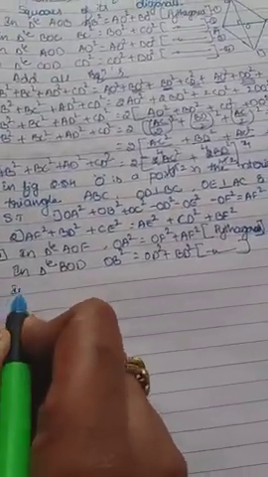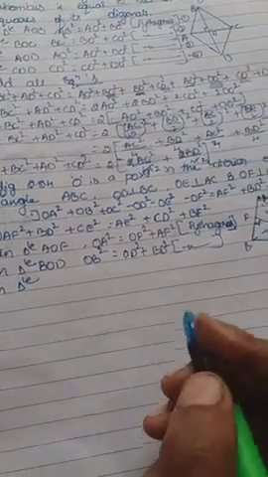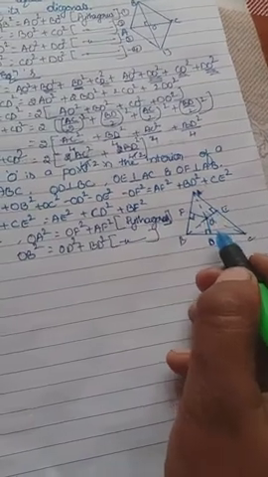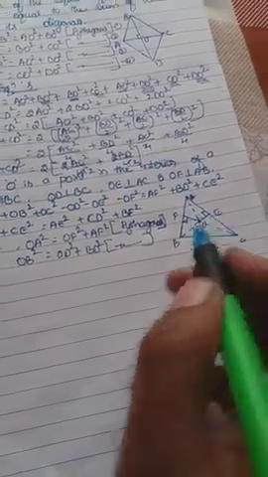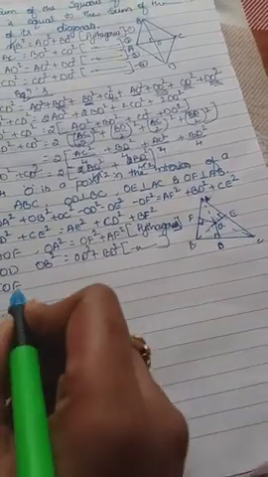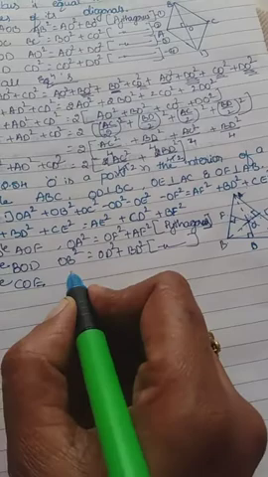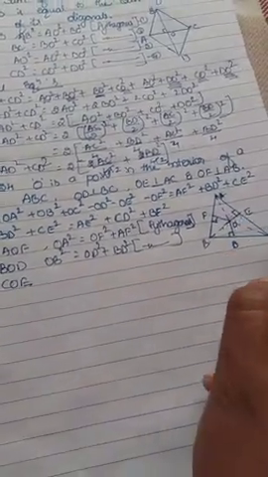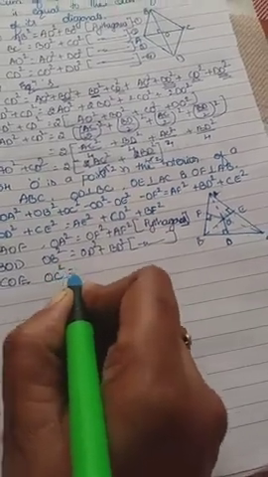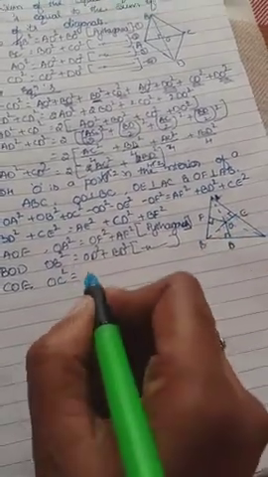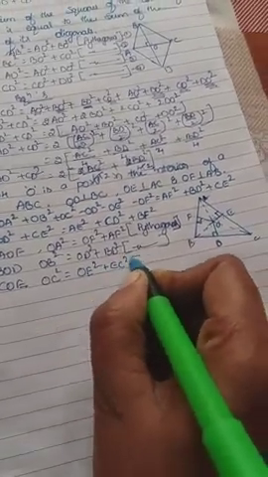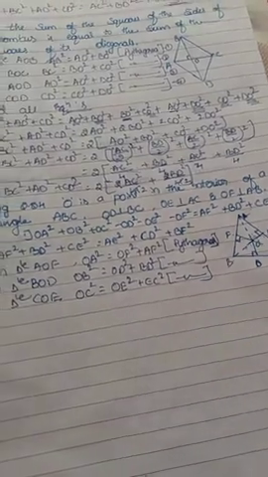In the same way, in the third triangle, COE, again the hypotenuse is OC, so OC square equals OE square plus EC square, also by the Pythagoras theorem.